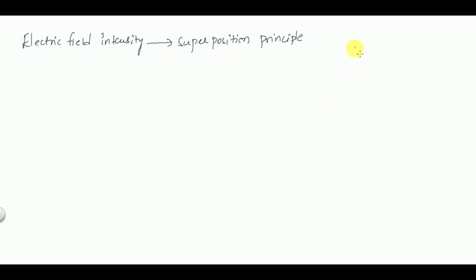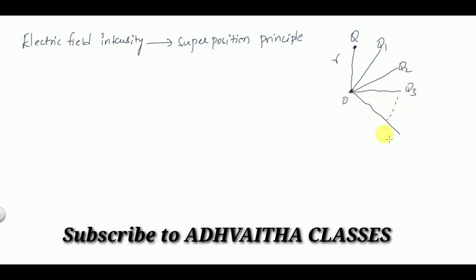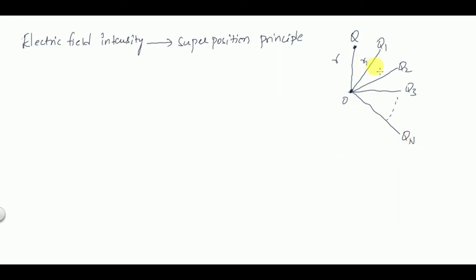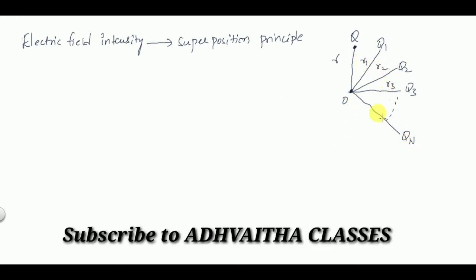That is, if this is the origin O, and there is a charge q at a distance of r, and there are n point charges q1, q2, q3 and so on up to qn, at distances r1, r2, r3 and so on up to rn.